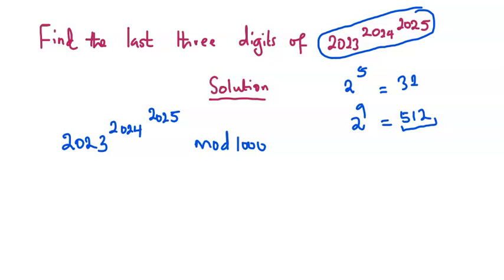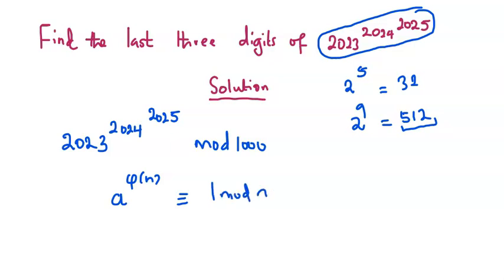Okay, so let's see how we're going to approach this problem. Now let us recall the Euler-Phi, the Euler totient function, right? The first thing we need to observe here is, for example, we have something like a raised to the power of the Euler-Phi of n is congruent to 1 modulo n.